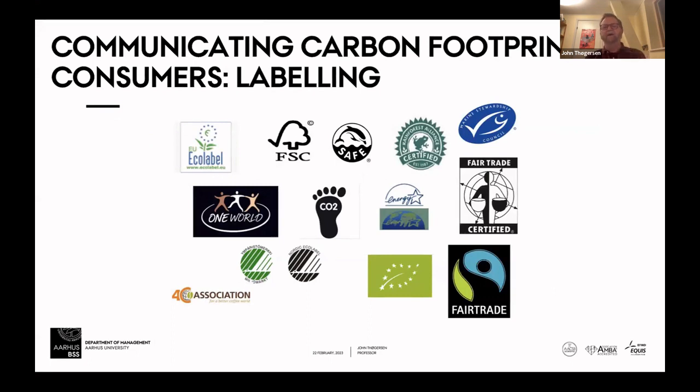So labeling is one of the ways we communicate about carbon footprint, but more generally, in most countries, at least most developed countries of the world, there's of course also more general information and education informing consumers about the relative carbon impact of different types of food, such as, beef is the most carbon heavy type of food, and fruits and vegetables are not only much healthier, but also much better for the climate.